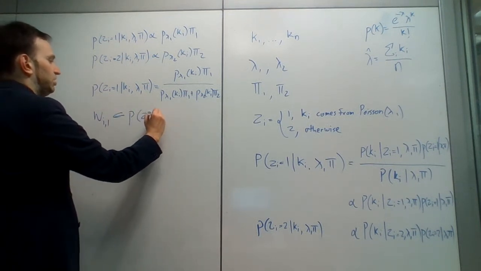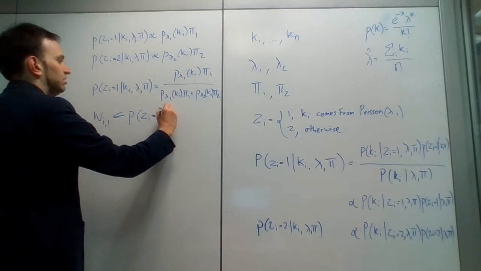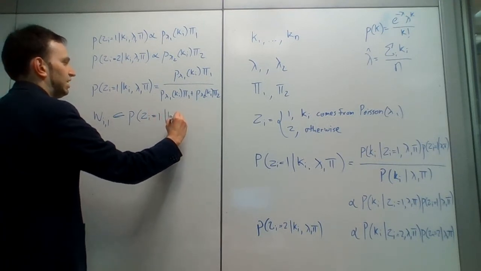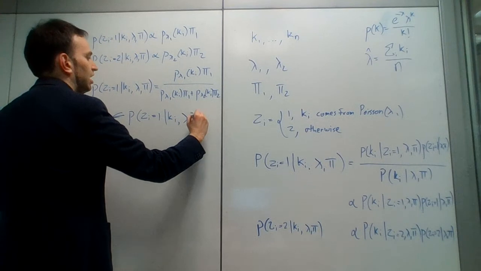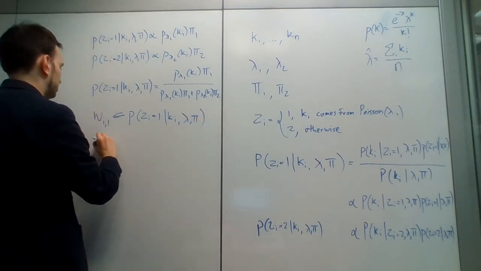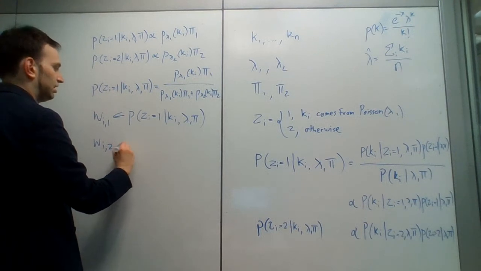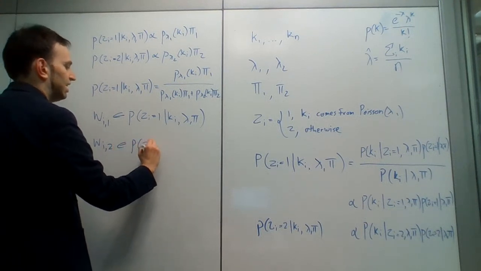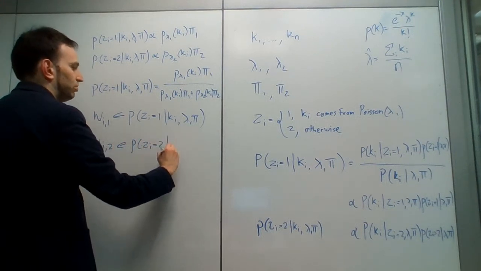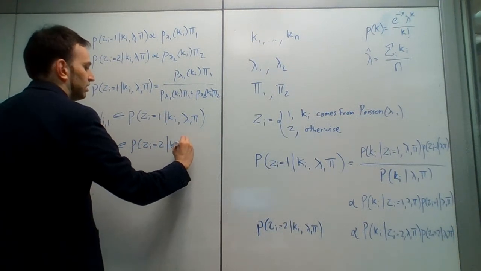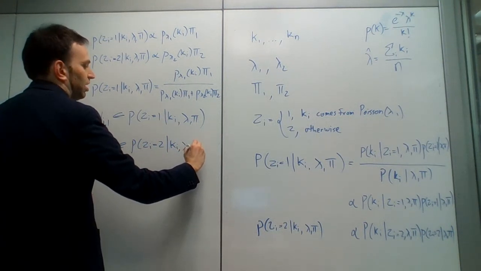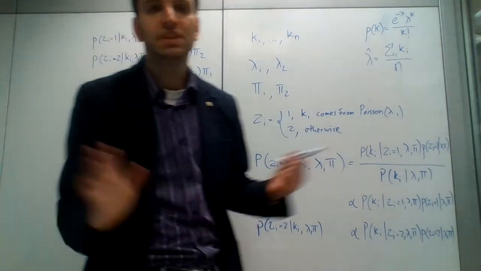This is the probability that zi equals 1 given ki, lambda, and pi. And let's call the other thing wi2, the probability that zi is equal to 2 given ki, lambda, and pi. That's the E step.